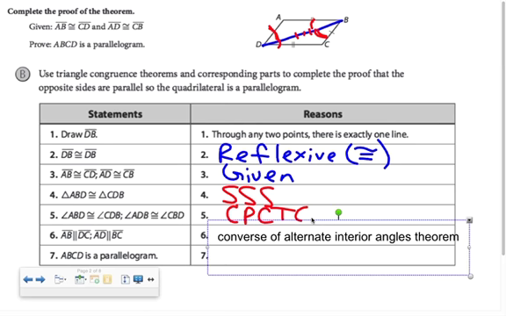And then once I know that both pairs of opposite sides are parallel, then this is a parallelogram by the definition of parallelogram.